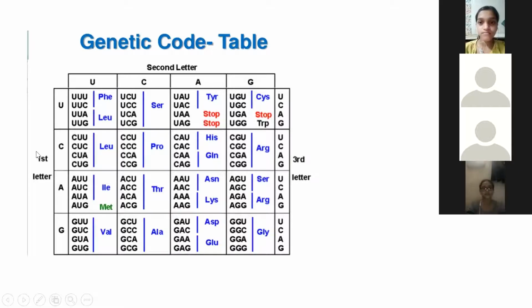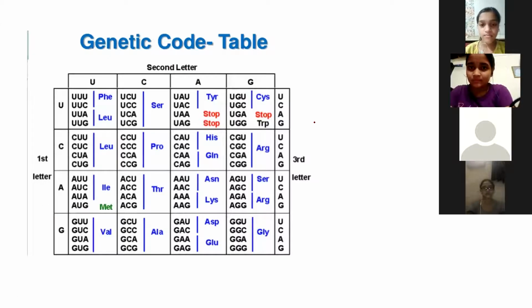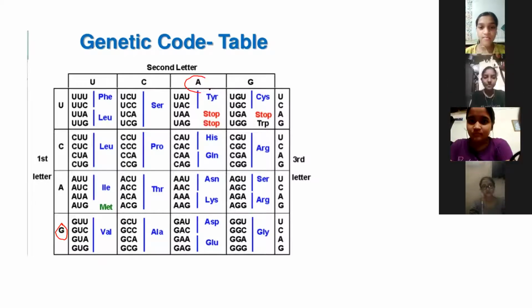So what do we do here? A codon consists of 3 letters. So first letter over here, then you have the second letter here, third letter here. So I take any one of the 4 letters as the first letter. For example, I take G. Second letter I take, for example, A. Third letter I would like to take U. So G, A, U. Where is it written?